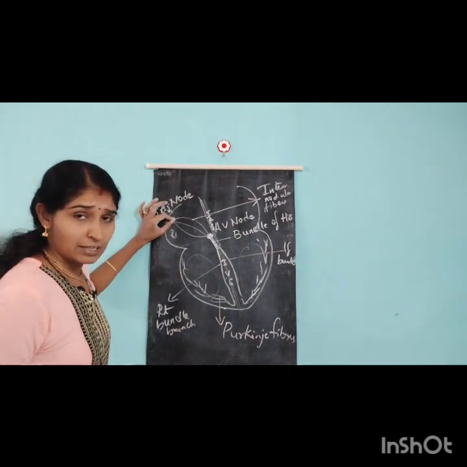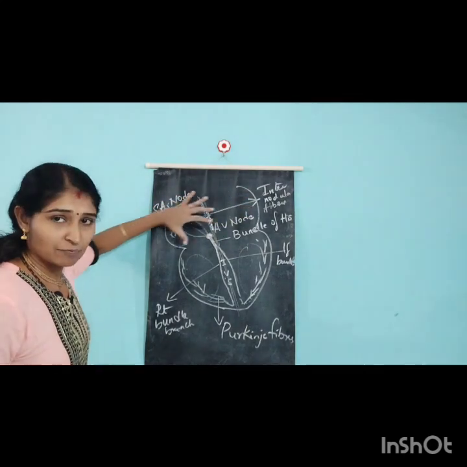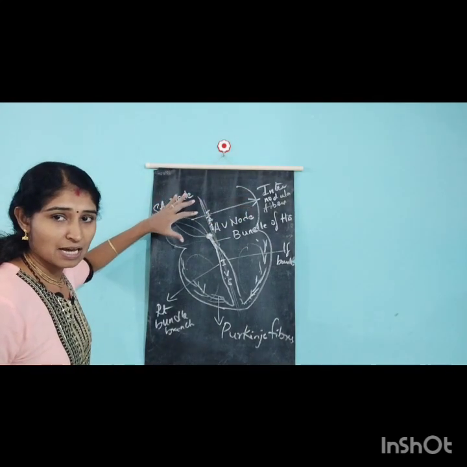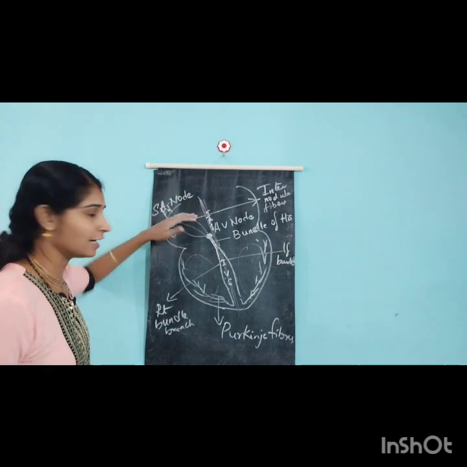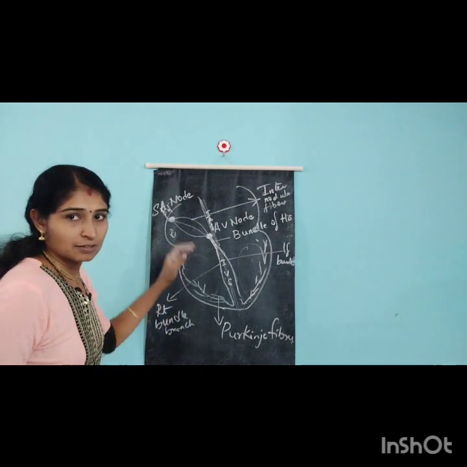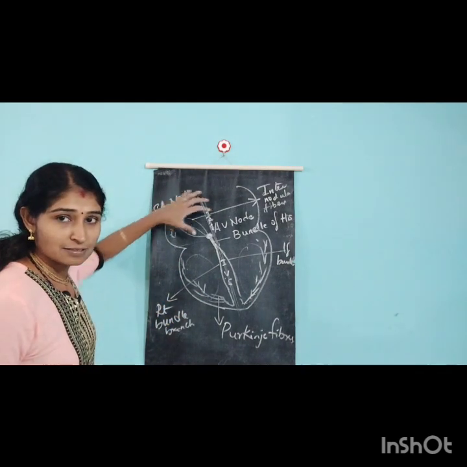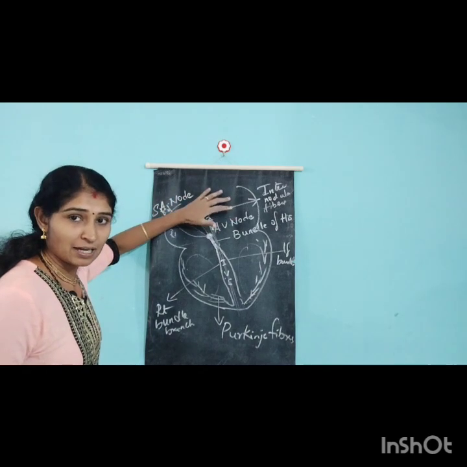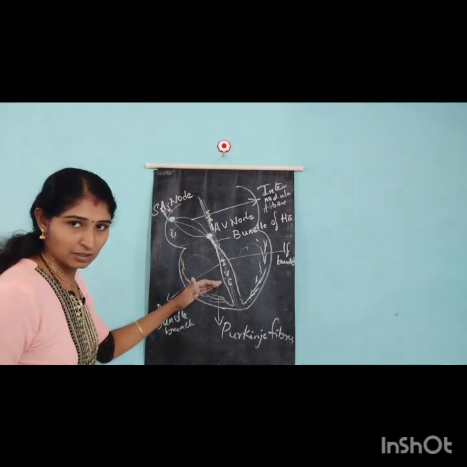When the impulse is generated from the sinoatrial node, it passes to the atrium. Why is it passing to the atrium? It is asking the atrium to contract so that it can push the blood into the ventricles. The impulse spreads through the atrium and asks the atrium to contract and pump the blood into the ventricles.